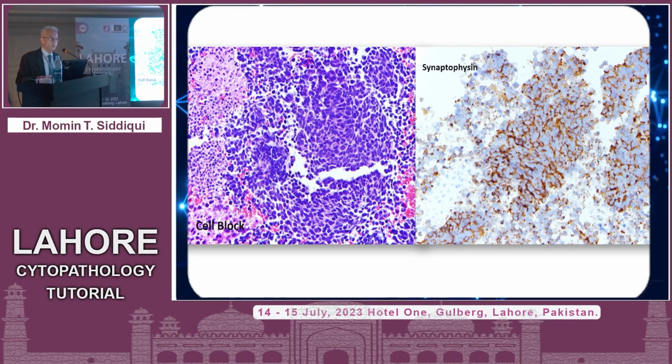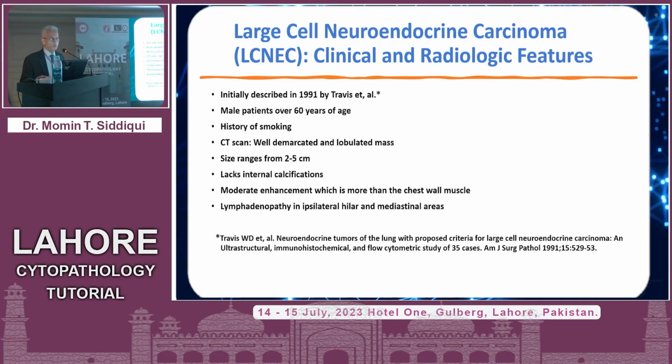Confirmation is important. So one stain is important, such as synaptophysin. If you have chromogranin, you can certainly use that. One of the newer stains that have come out, which are nuclear stains, is INSM1. If you have that, you can certainly use that to confirm the diagnosis.